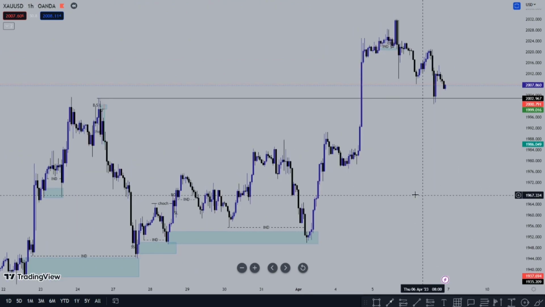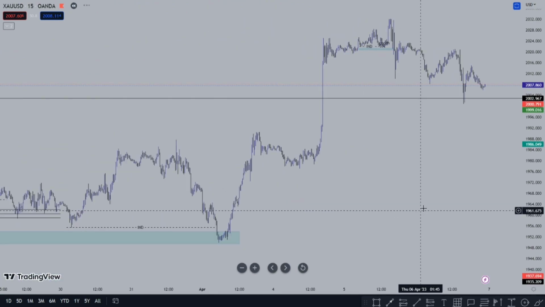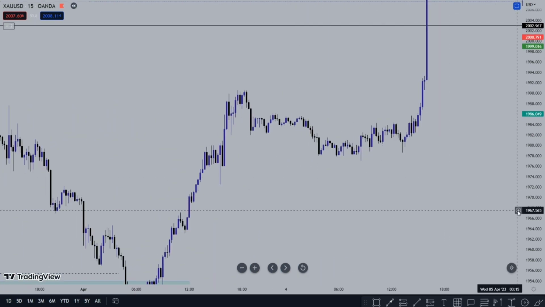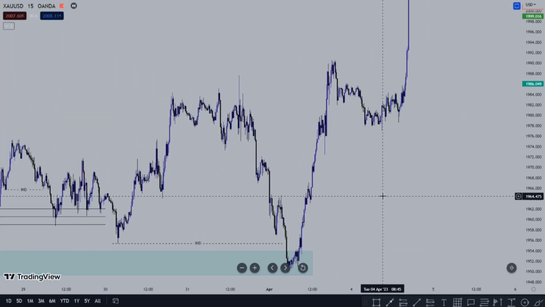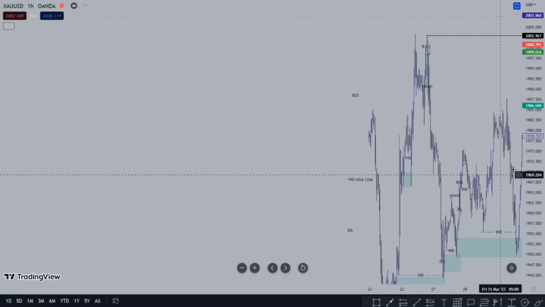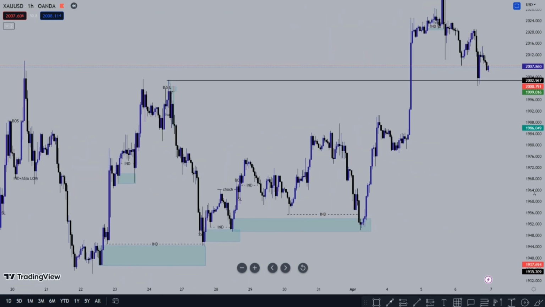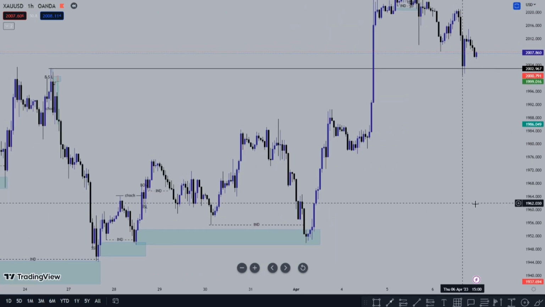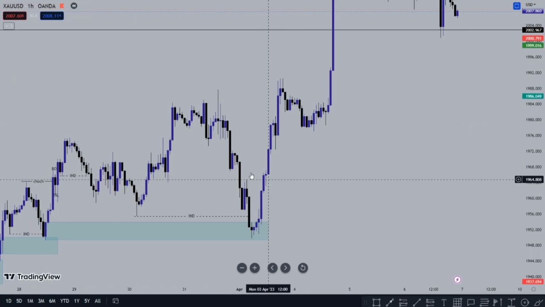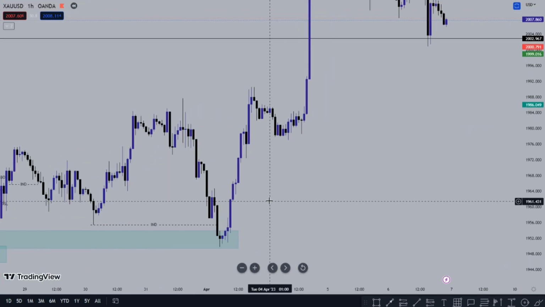So what happened next? Go to 15 minutes, so I can show you how I take lower time frame entries. When price has so much bullish momentum, you must look only for buy positions. You can see down here there are no selling candles.